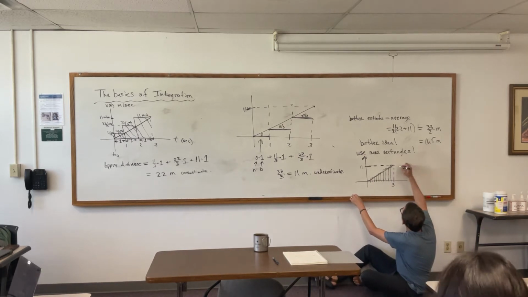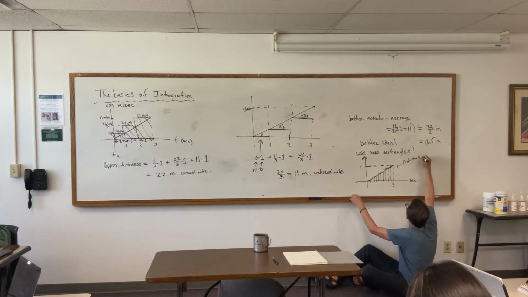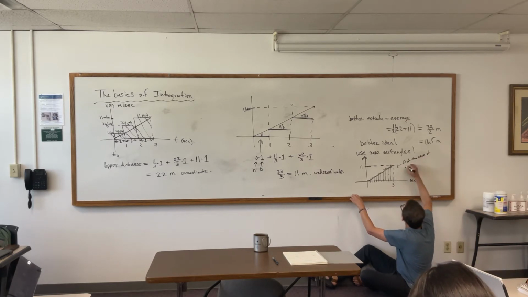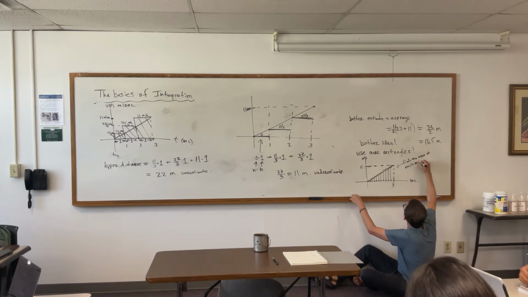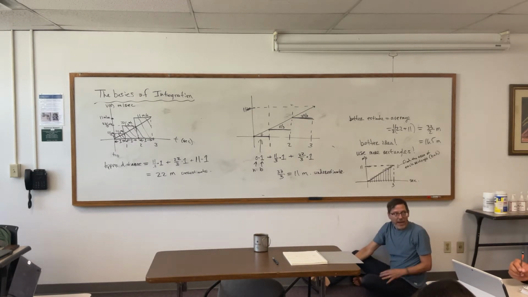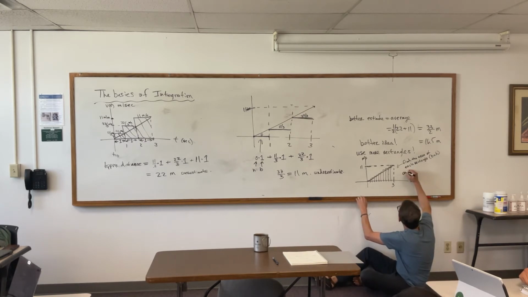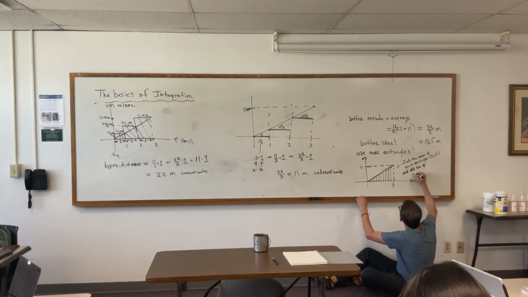So what I'm going to do is find the area of each rectangle, which is multiplication, right? That's base times height. And add them up. And that's addition. And add them up to get an estimate.